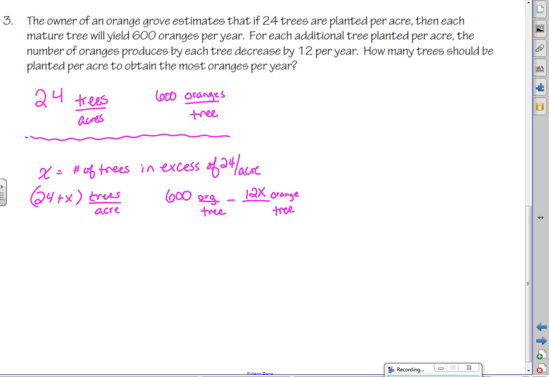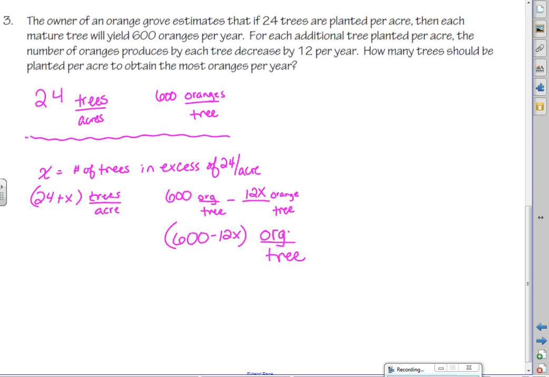So each tree is going to drop by 12 times the number of trees in excess of 24. So 600 oranges per tree minus 12x oranges per tree, we can simplify that as 600 minus 12x being the yield or oranges per tree.